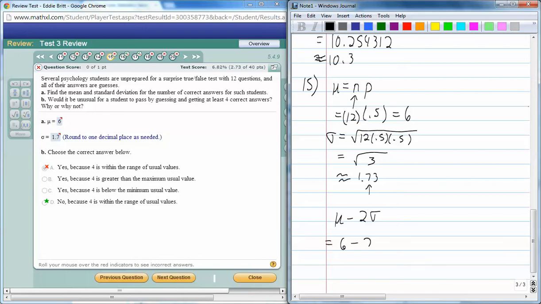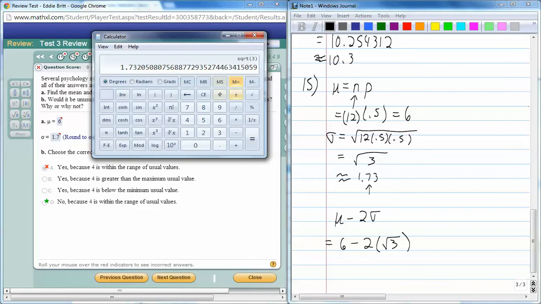6 minus 2 times, our standard deviation is 1.7 or 1.73. I'm going to leave it exact, so I'm going to leave it like that, square root of 3. And this will give us our minimum usual value.